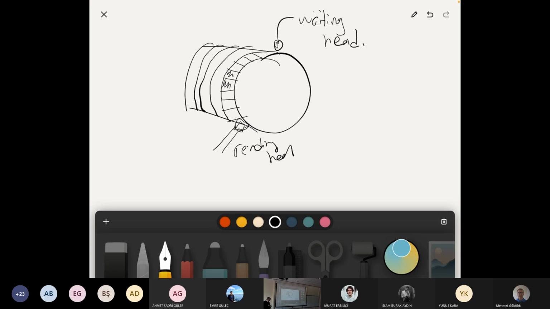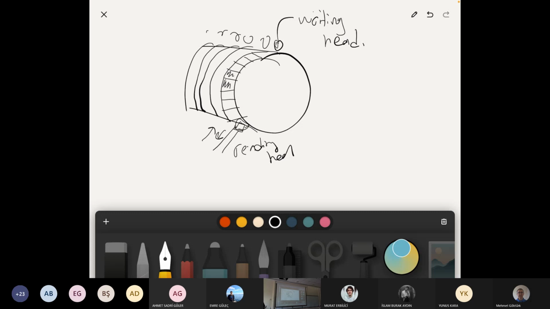It has two wires. If the current flows in this direction, it is 0. If the current flows in this direction, it is 1. Is that clear? So they made multiple heads so that they can store information as the drum rotates.